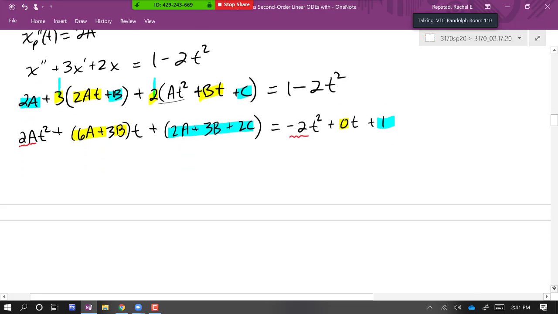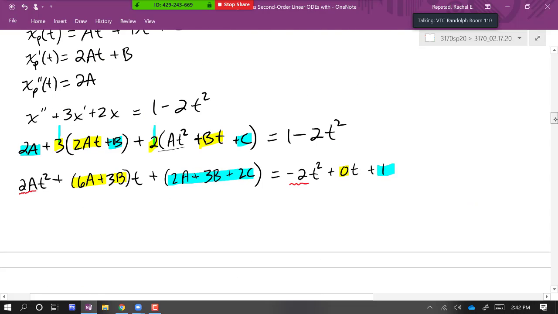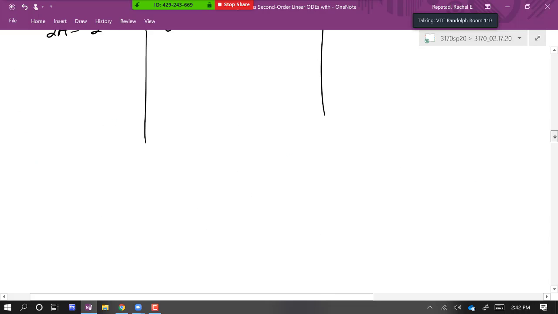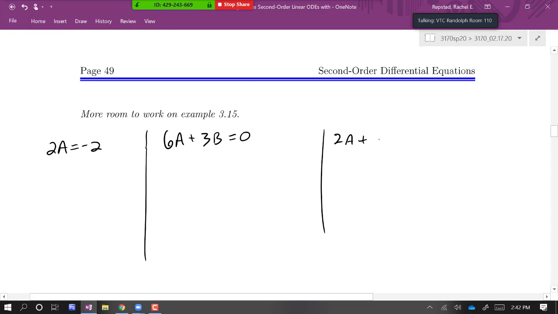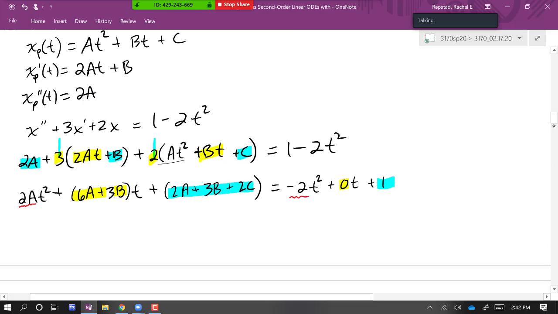Let me fix that. And then, 2a plus 3b plus 2c equals 1.